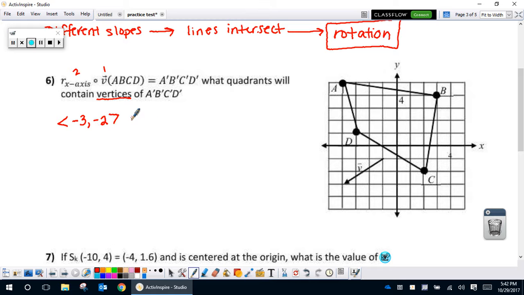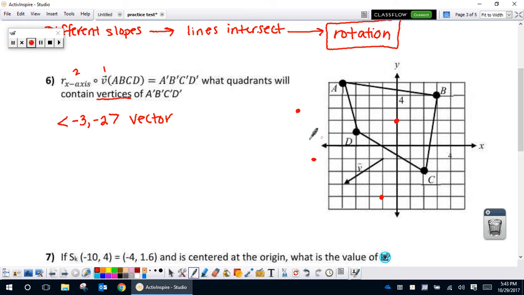So that is our vector. So let's apply that to each point. Down 2, 1, 2, 3. So you did just kind of have to estimate, totally fine. Down 2, 1, 2, 3. Okay, and then B would be going down 2, B right there, and C.